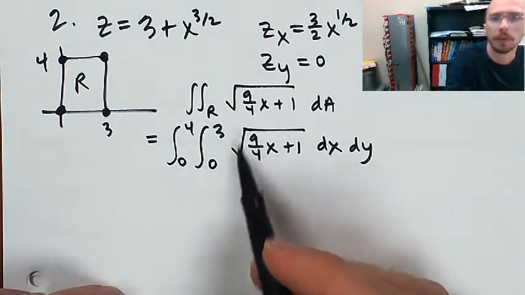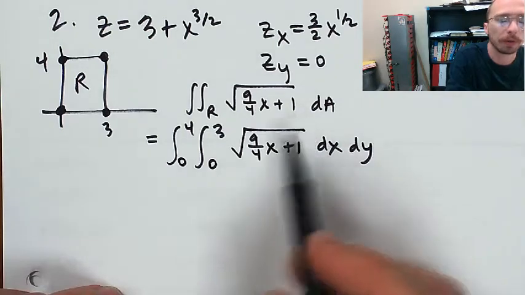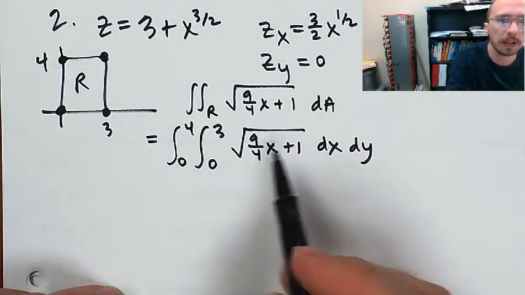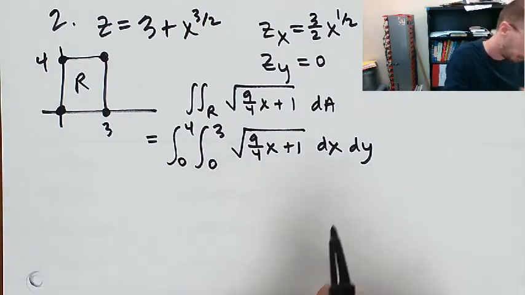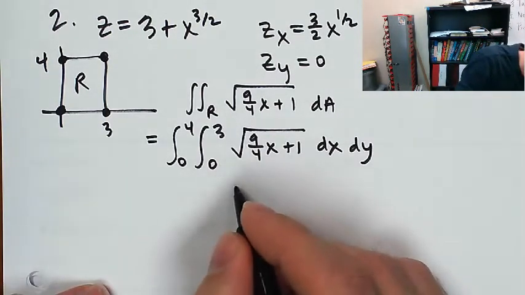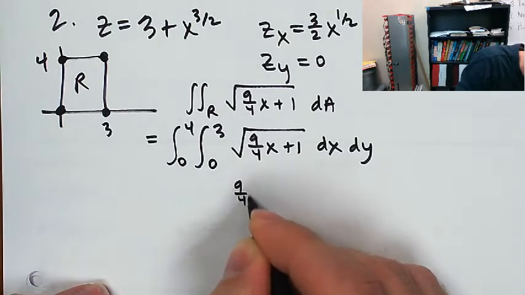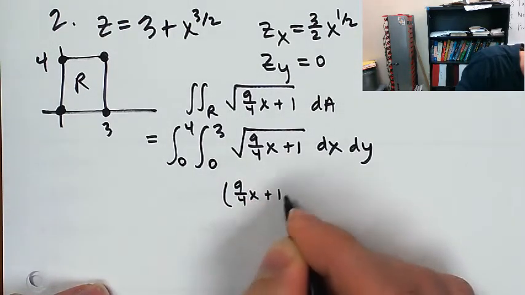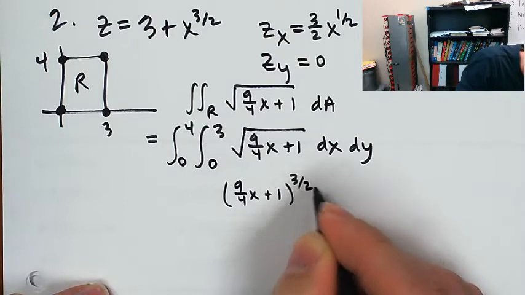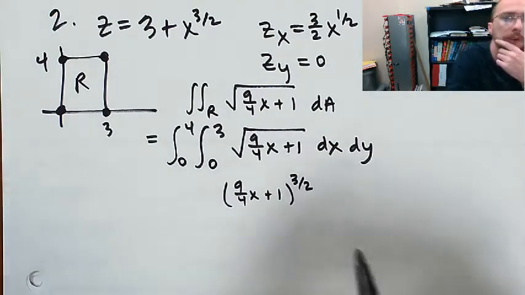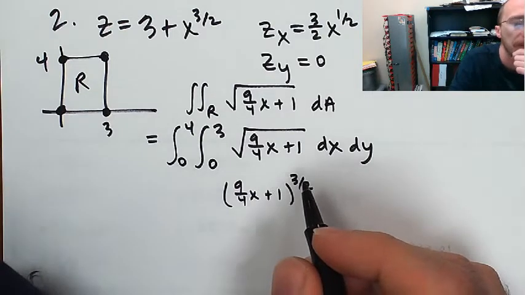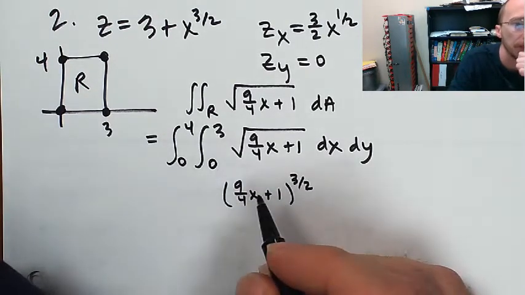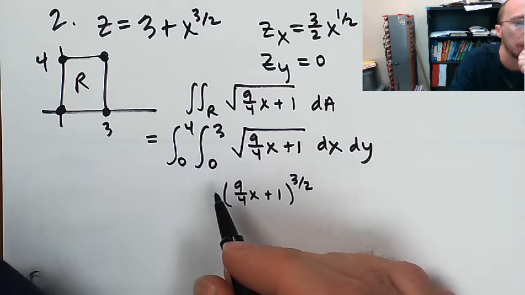Now I know this is 9/4 x plus 1 to the 1/2 power, and this is just a linear inside, so I'm going to be able to cook up an antiderivative for this. So this is going to be 9/4 x plus 1 to the 3 halves. If I took the derivative of this, I'd have 3 halves of this thing to the 1/2 times 9/4.